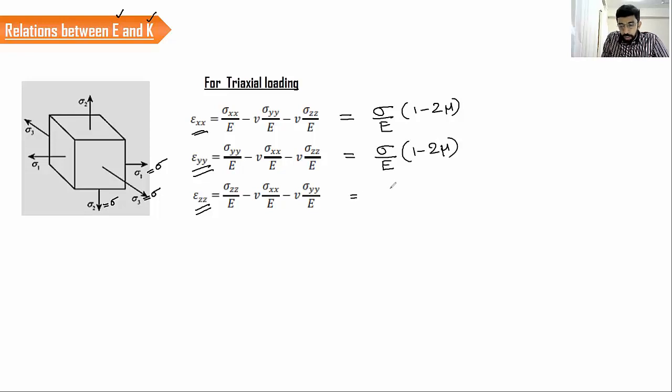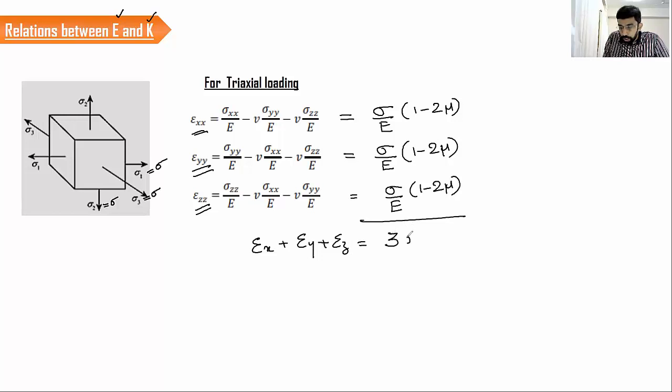And this is also the same, which is nothing but sigma by E into 1 minus 2 mu. What happens if we add these together? So the left hand side, epsilon x plus epsilon y plus epsilon z, is going to be equal to 3 sigma by E into 1 minus 2 mu.